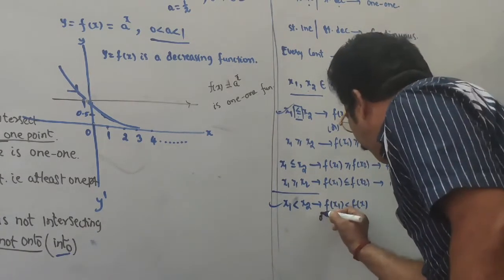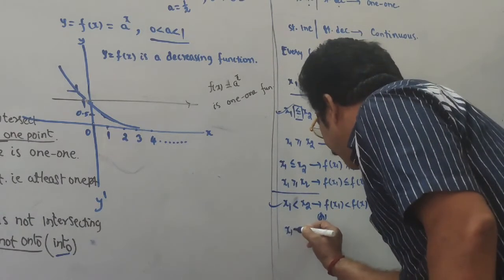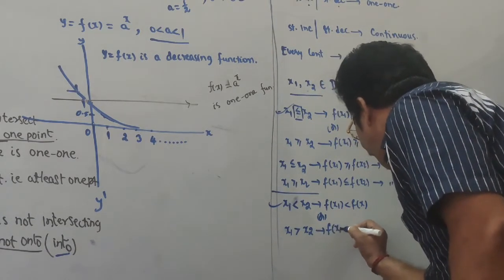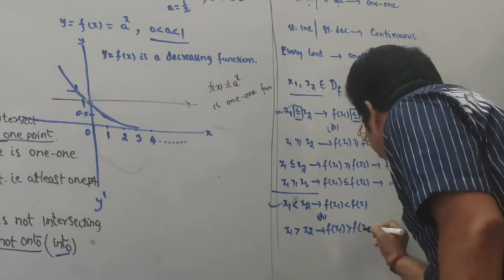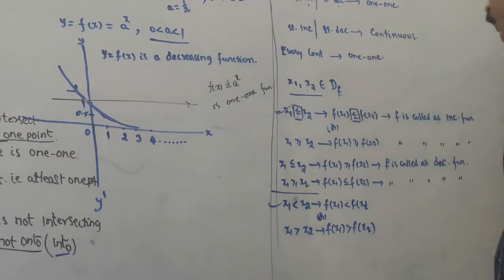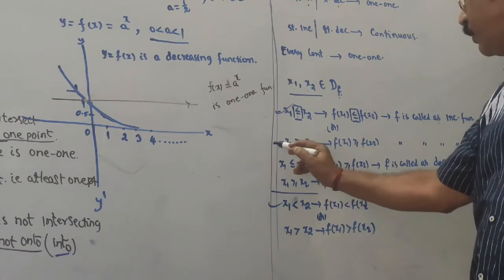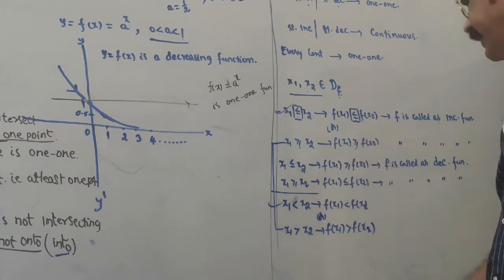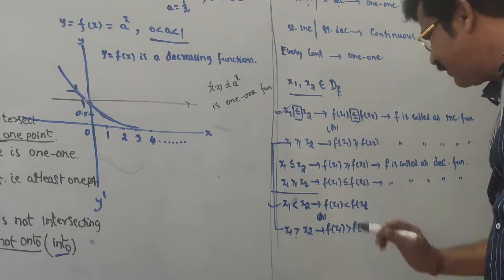Or x1 greater than x2 implies f of x1 is greater than f of x2. What is the difference between these two conditions? Here equality is considered, here equality is not considered.